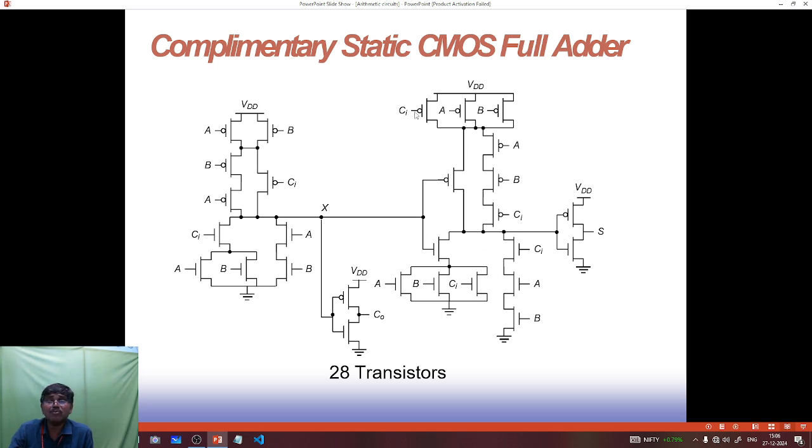CMOS consists of both PMOS circuits as well as NMOS circuits. Here an inverter is connected, so the output is inverted and connected to the Cout. In the same way, an inverter circuit is connected to the output of the sum. In total, around 28 transistors are used in this complementary static CMOS full adder.